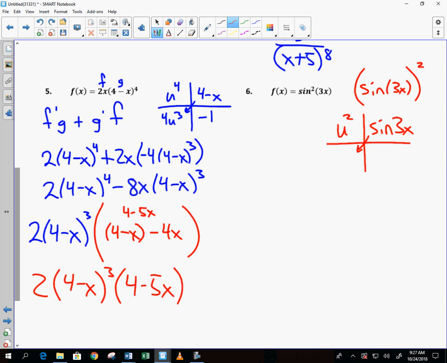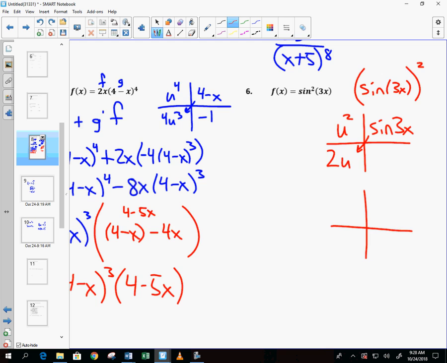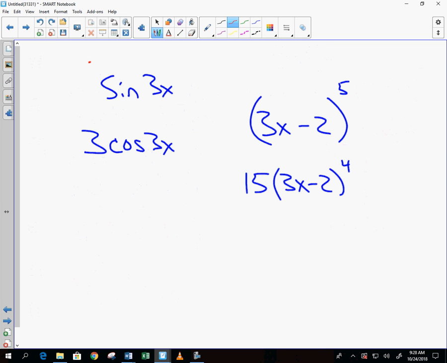Okay. All right. What's the derivative of u squared? 2u. And the derivative of sine of 3x? I have to use the chain rule, don't I? Remember when I wrote this on the board originally, we said you would have to use a chain rule for that, right?